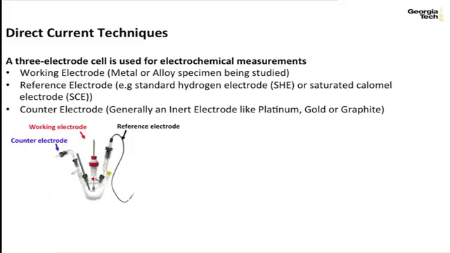The working electrode is the alloy that you're trying to test. The counter electrode is platinum or some inert metal, and the reference electrode is typically a standard hydrogen electrode or calomel electrode, which does not change its potential during these measurements, or it works as a reference state.